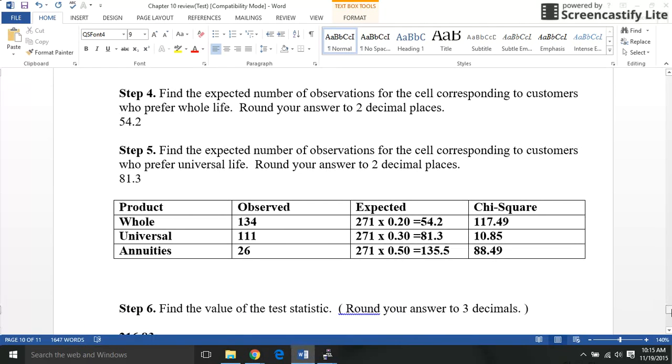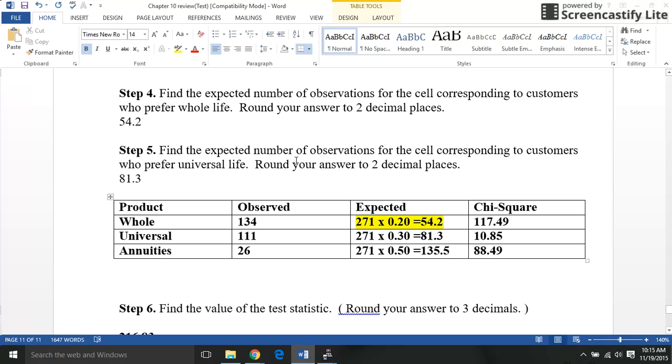So now you have to do the observed. So again, I made a table, and I put my observed in there. And now I want to look for my expected. So all I did is my N, which is my sample size, times the probability for each category is listed. So for whole, it's 271 times 0.20 gives me 54.2.